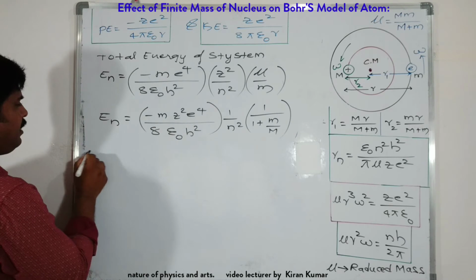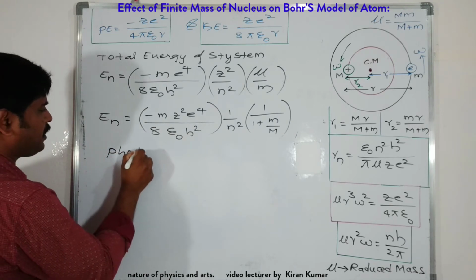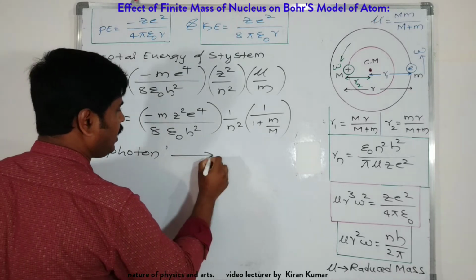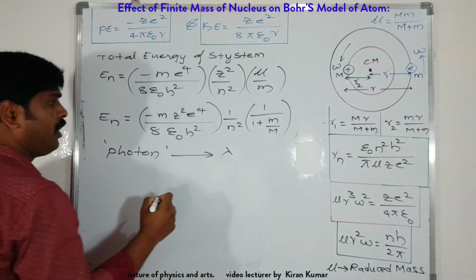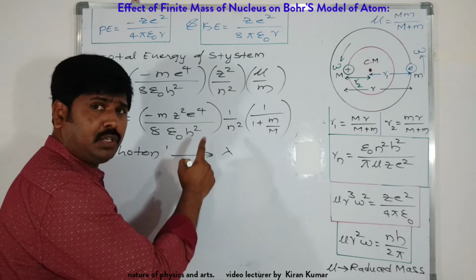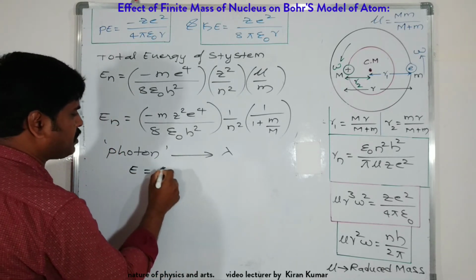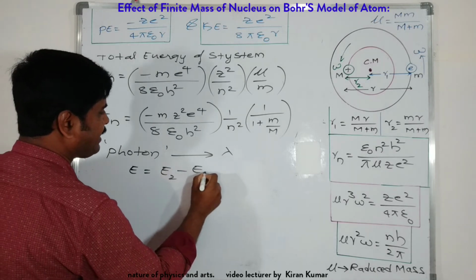Here a photon is emitted. So then we have to find the wavelength of the photon from n2 to n1, that is the energy E, which is equal to E2 minus E1.